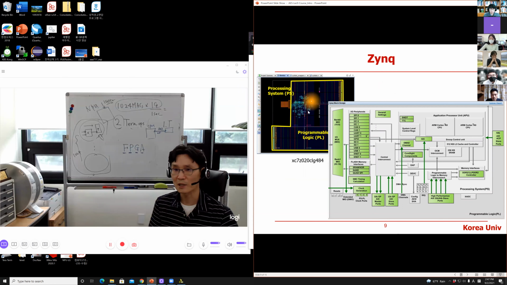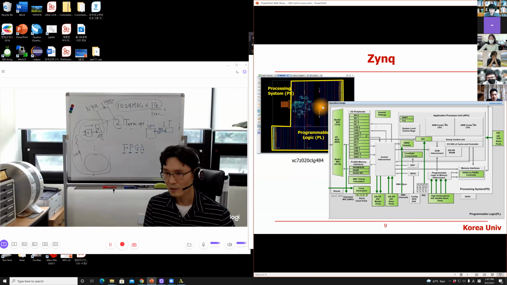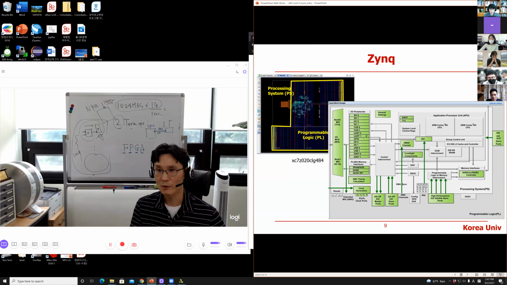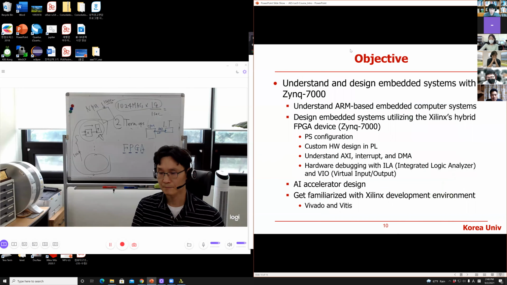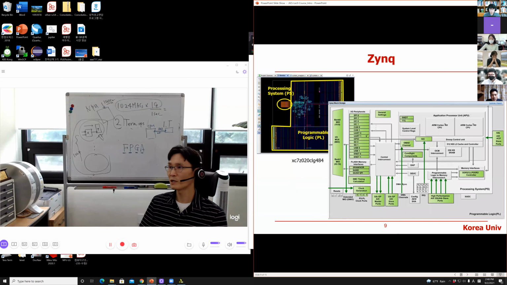That is the custom hardware we put in. It provides a very nice environment: you can design hardware, then download it into this FPGA part, and that becomes your hardware system. So we are going to play with this Zynq. PS and PL. Any questions so far?